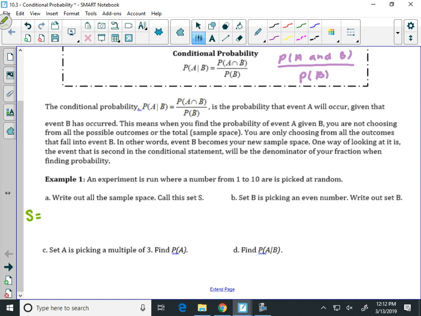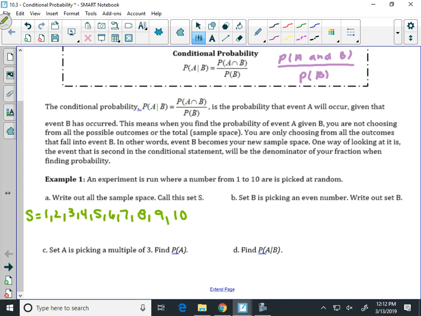All the numbers 1 to 10: 1, 2, 3, 4, 5, 6, 7, 8, 9, 10. Remember, your sample space is all the possible outcomes.